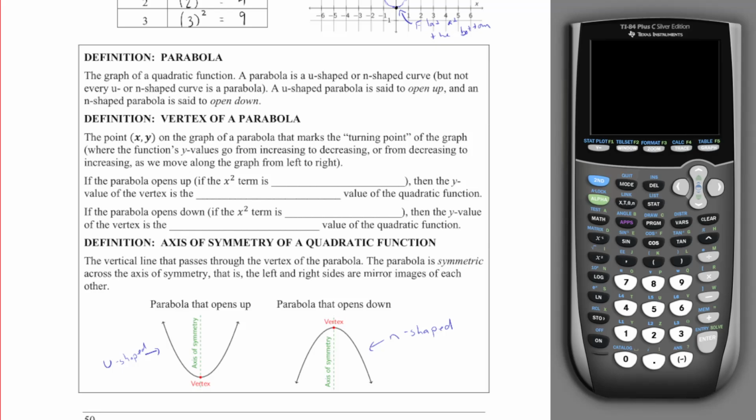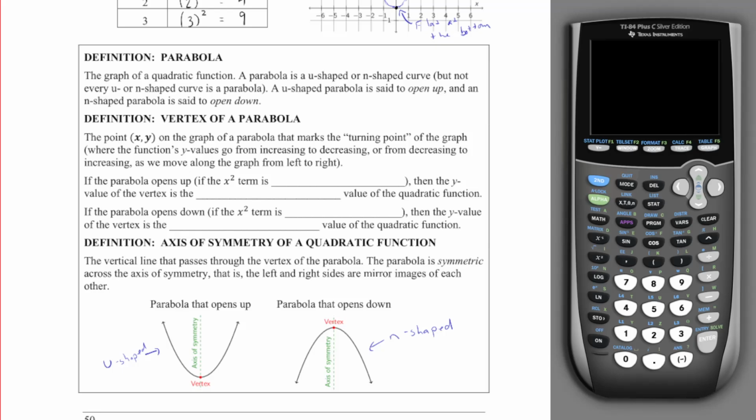Now, every parabola is a U-shaped curve. Not every U-shaped curve is a parabola. There are curves that are flatter at the bottom or less flat at the bottom that are not parabolas. For this class, every U-shaped or N-shaped curve that we see will be a parabola, but you should be aware that it's possible that that doesn't happen.